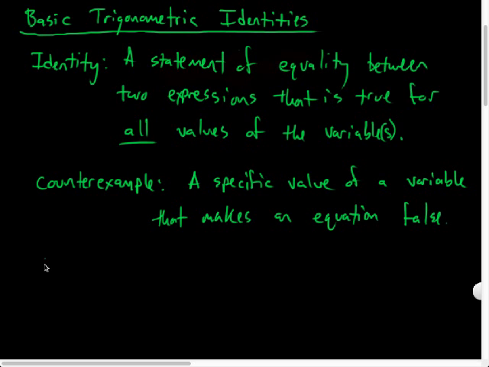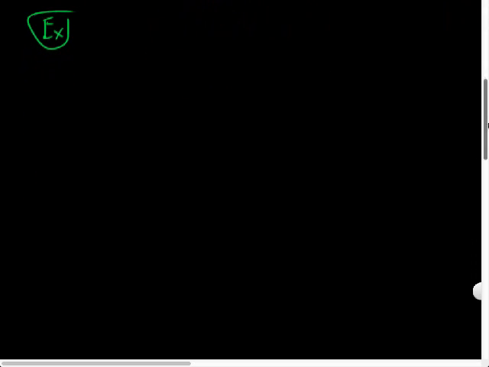So let's start with a little example here. Let's prove by a counterexample that the following, sine x times cos x equals tan x, is not a trig identity.